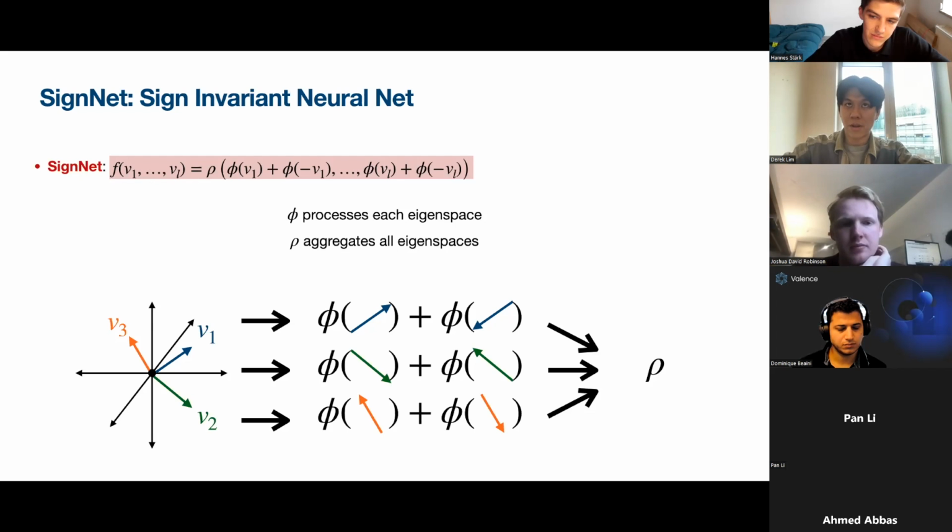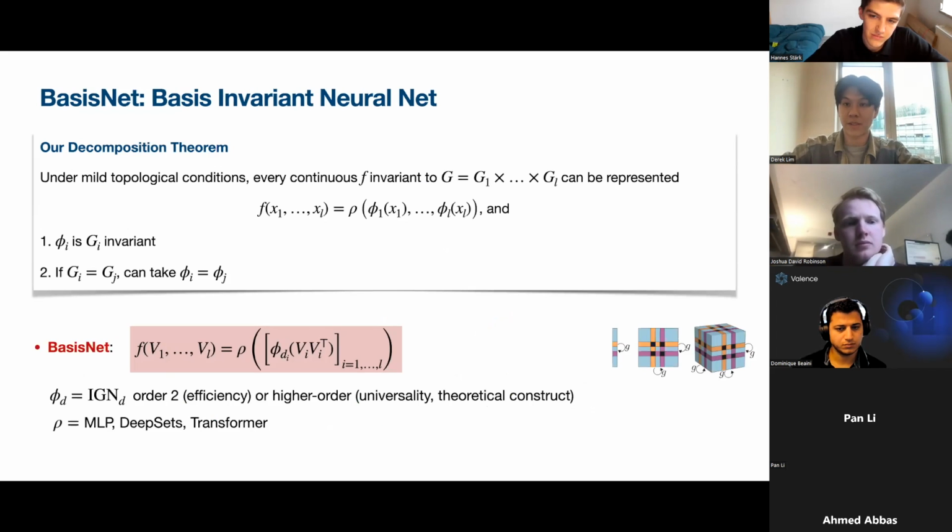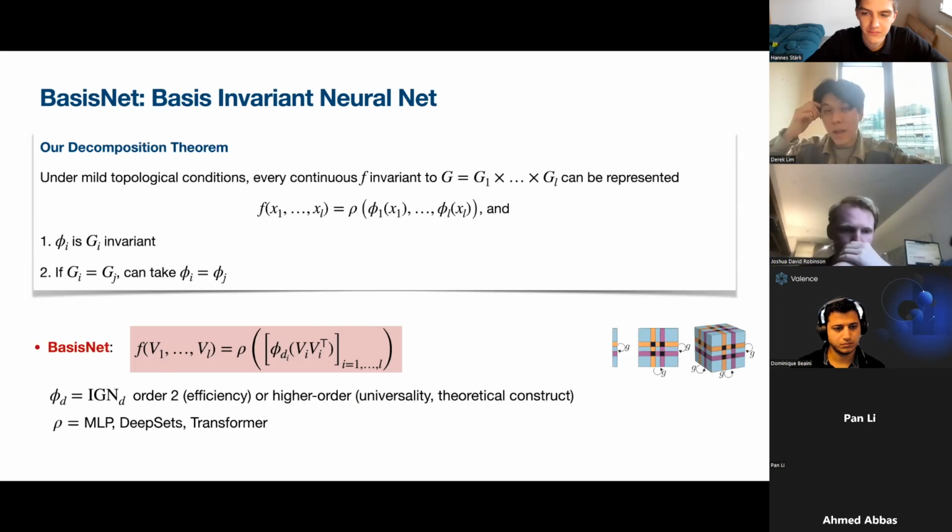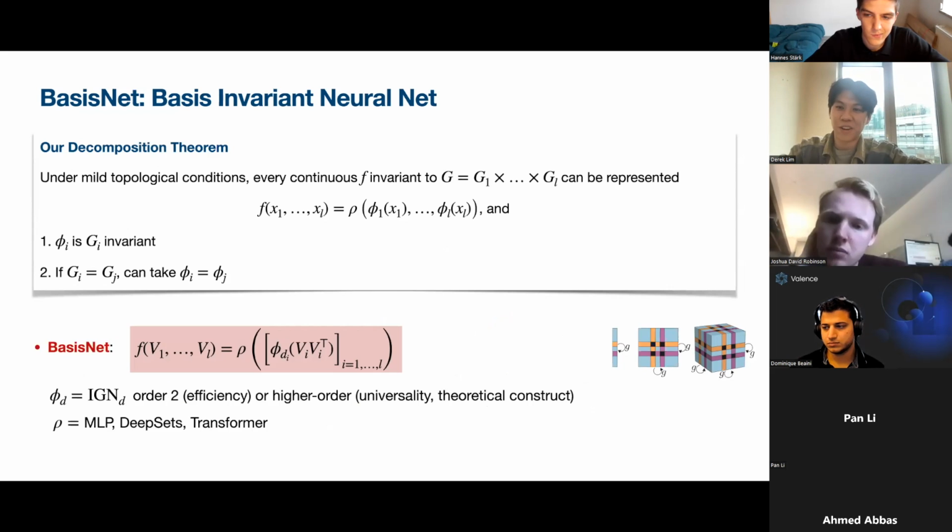Now for basis invariance, we apply the same theorem, which is very nice. We have these phi of d_i now, and these phi of d_i are invariant graph networks that operate on these matrices, V_i V_i^T, where V_i V_i^T, if you're curious, is actually the orthogonal projector onto the ith eigenspace, which is pretty interesting.